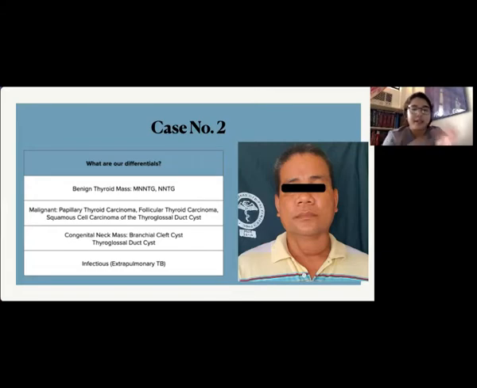Congenital neck masses, such as branchial cleft cyst and thyroglossal duct cyst, are benign masses, and then infectious, which can be extrapulmonary in origin. For this case, actually, this is a case of a squamous cell carcinoma of a thyroglossal duct.